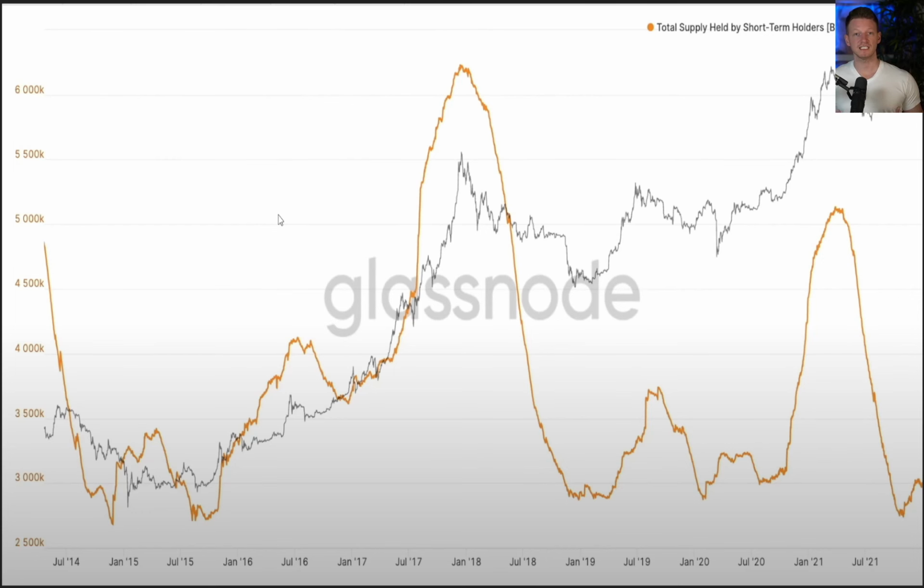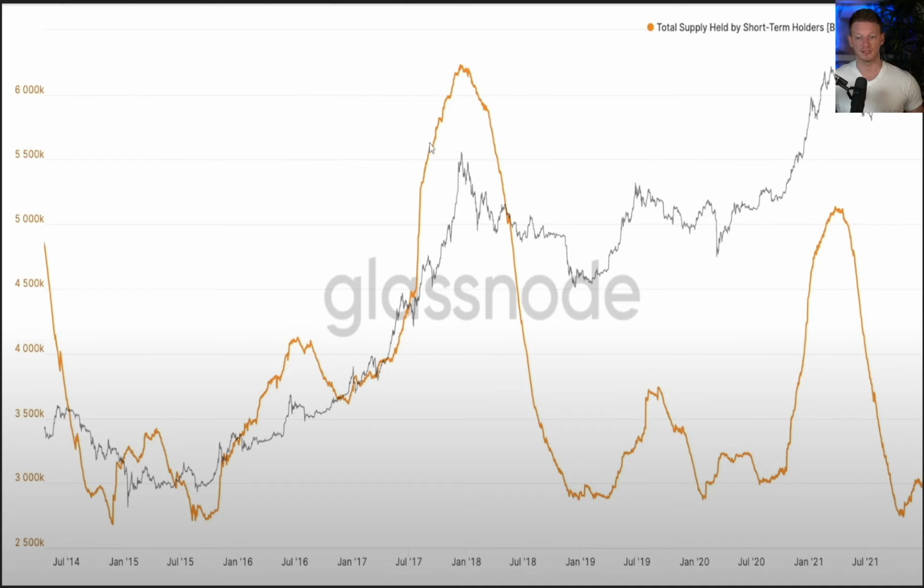Okay, guys. So this is basically a graphical representation in orange of the number of short-term holders. And I should have mentioned this before, but a short-term holder is defined as someone who holds Bitcoin, or any asset, for less than 150 days. After 150 days of holding an asset, it becomes statistically much less likely that you're going to sell it, so you enter the long-term holder category.